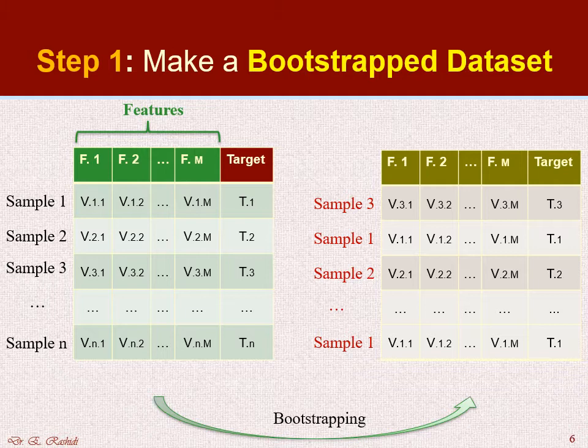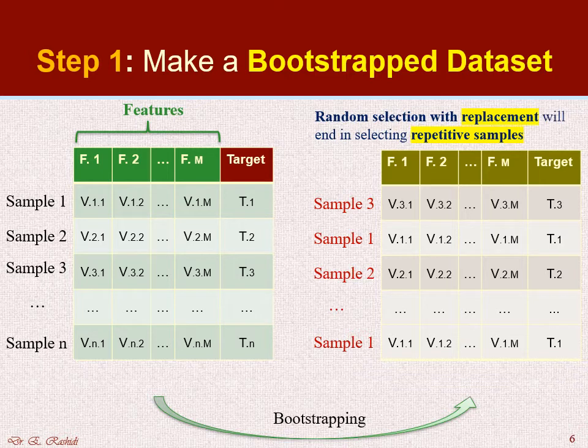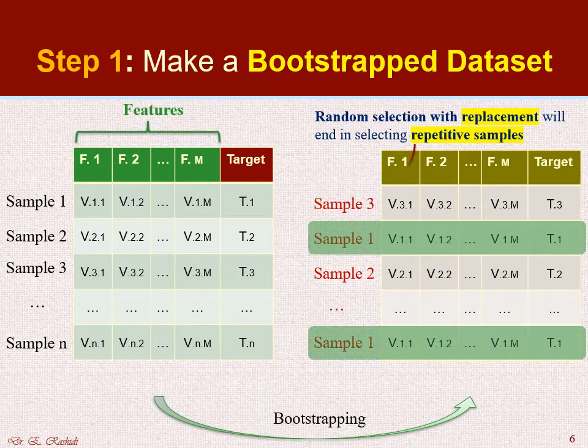So if you notice, because we were selecting these samples randomly, some of the samples that were already selected are selected again. Random selection with replacement will end in selecting repetitive samples. For example, here we have sample 1 here and sample 1 here.